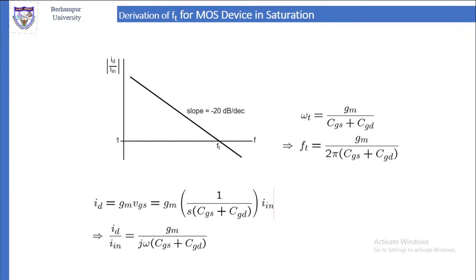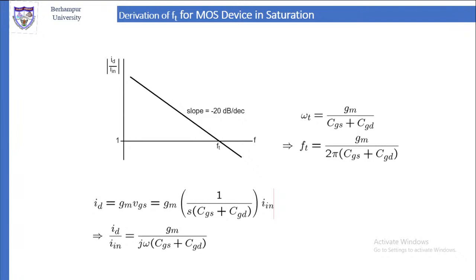Now if you draw a plot of this expression, ID by IN is equal to GM by J omega into CGS plus CGD. ID by IN amplitude you take on the y-axis, and on the x-axis you take F. Omega is equal to 2 pi F. When the current gain is equal to 1, the value will be F is equal to Ft.